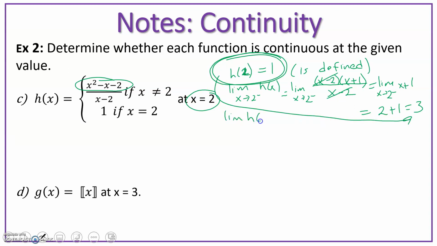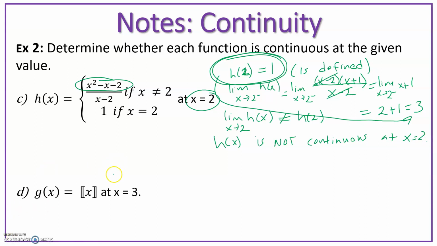So we can see that the limit as x approaches 2 does not equal h of 2. So we're going to say that h of x is not continuous at x equals 2.